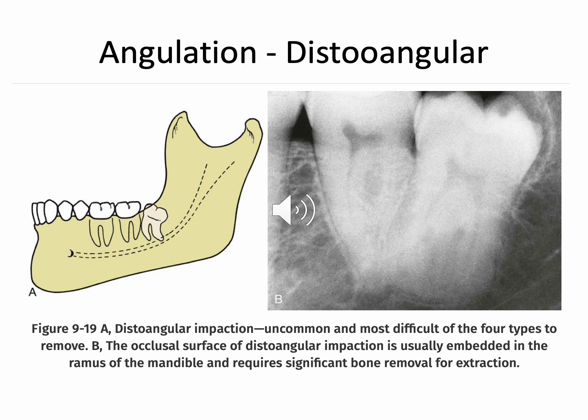Distoangular teeth certainly are quite tricky for multiple reasons. One, the tooth is angulated back into the ramus, so it's tricky to take out because as you're elevating the segments, they're going up into the robust bony structures of the ramus.